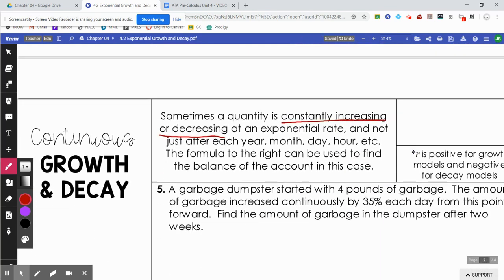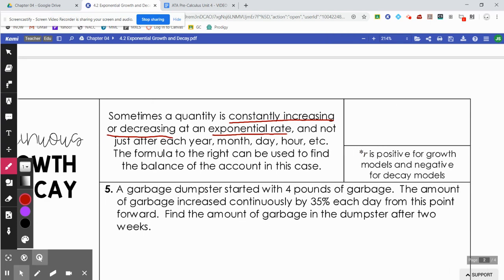Now, what if it's continuously, constantly increasing? Sometimes the quantity is constantly increasing or decreasing at an exponential rate, and not just after each year or each month or each day or hour, etc. The formula to the right can be used to find the balance of the account in this case.